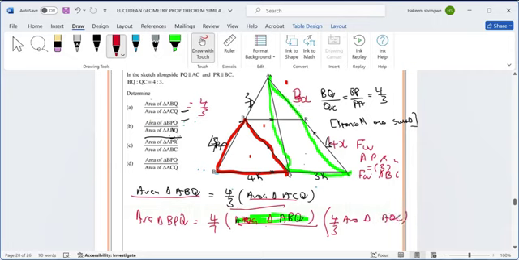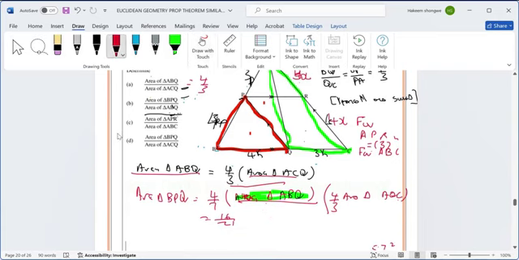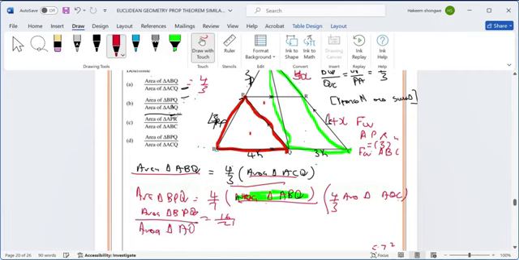But if I divide by the area of AQC, then I'm left with 4 multiplied by 4, which gives me what? 16/21, which is going to be the area of triangle BPQ all over the area of triangle AQC, which is what we are looking for. Then it's 16 all over 21. No mistake.